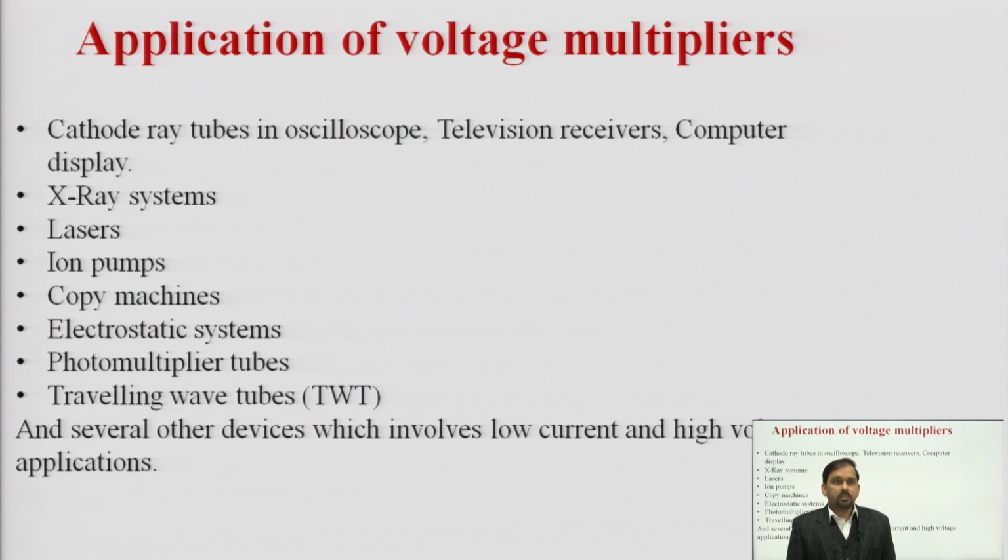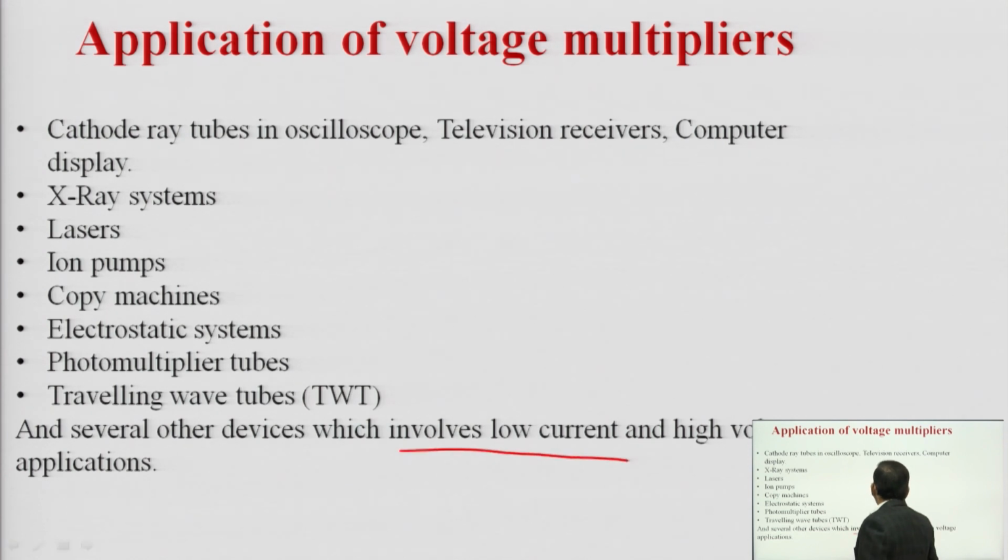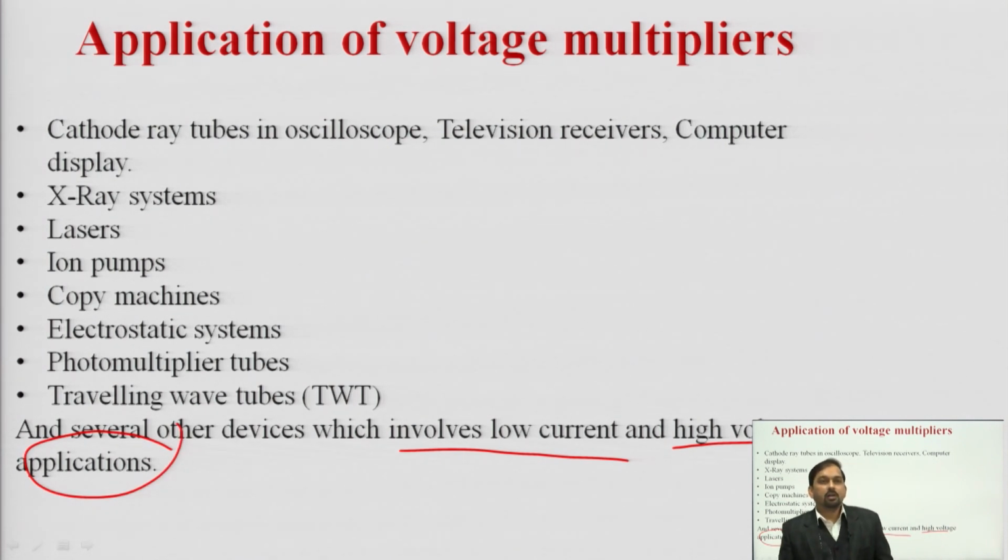Several other devices also utilize these kinds of circuits, which involve low current and high voltage applications. Why is it called low current? Because we have applied a signal which has a maximum value of Vm only. So, it involves low current, but the voltage is very high, because we are able to achieve 2 times Vm, 3 times and 4 times Vm. So, these are the application areas for voltage multipliers.